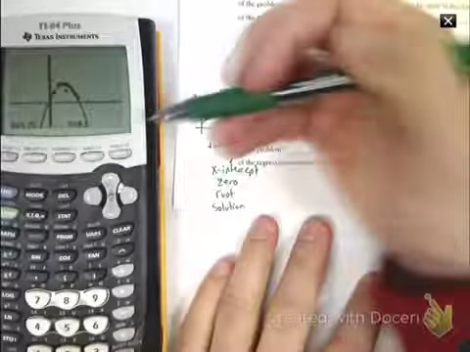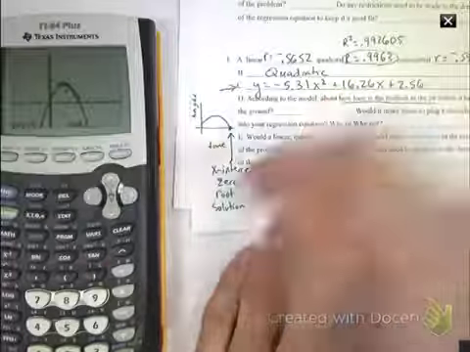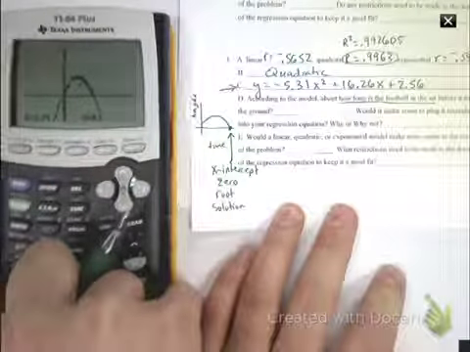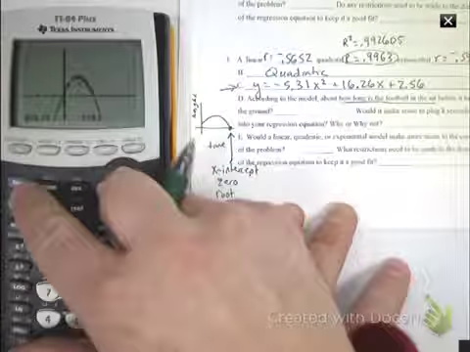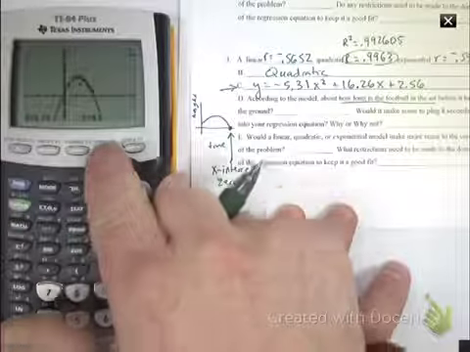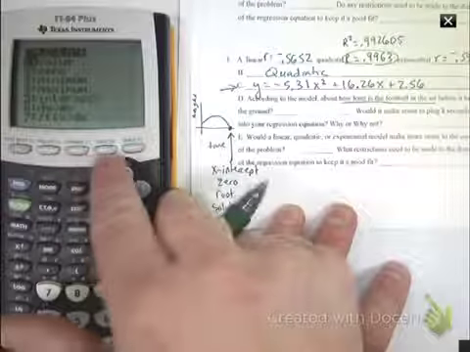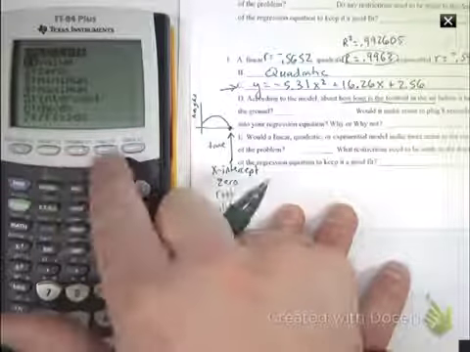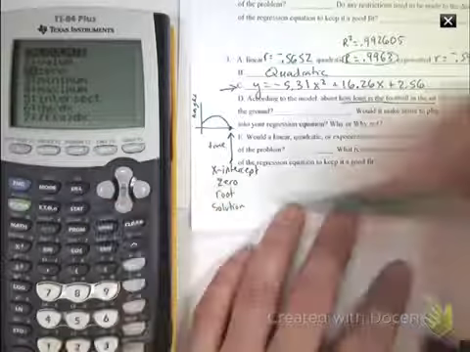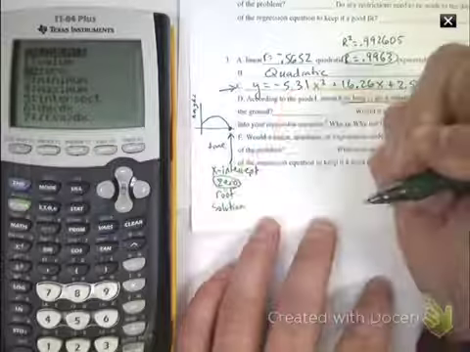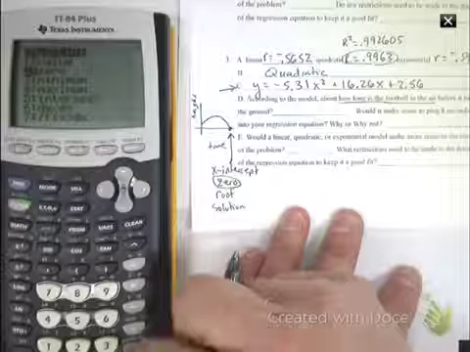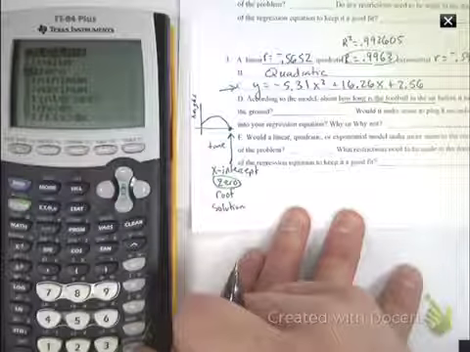In order to find that, there's a skill that ideally you would have learned in a previous math class, in Algebra 1 or something like that, where you press second, calc, second, it's the trace button, but you press second, calc, and what we're looking for is the 0. So we press the 0 button, it's number 2, we're selecting the 0.